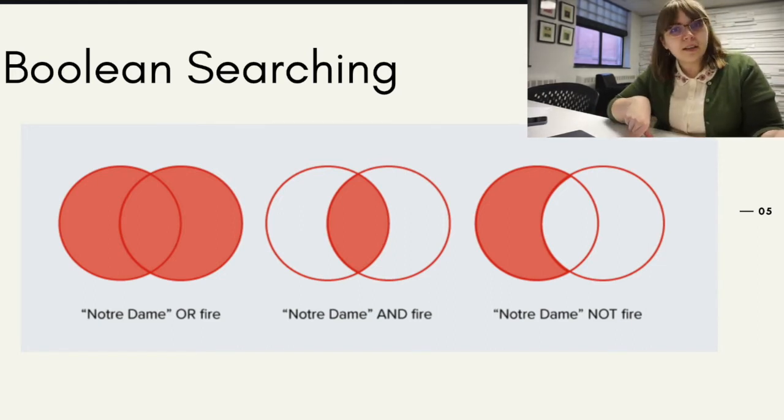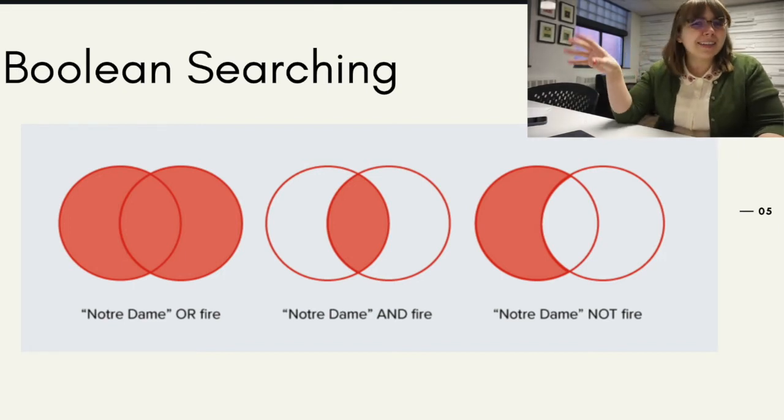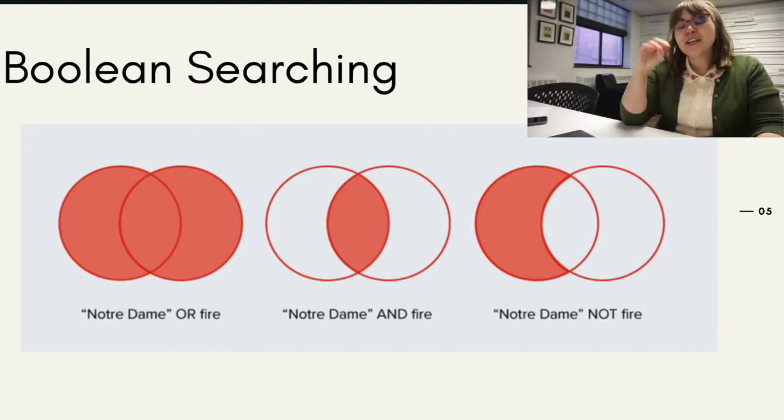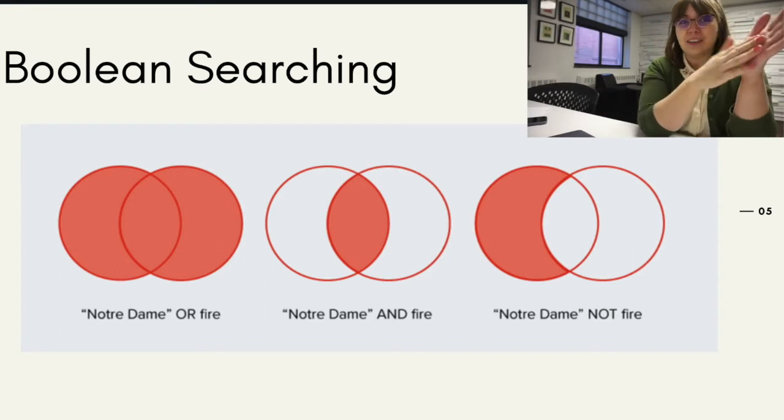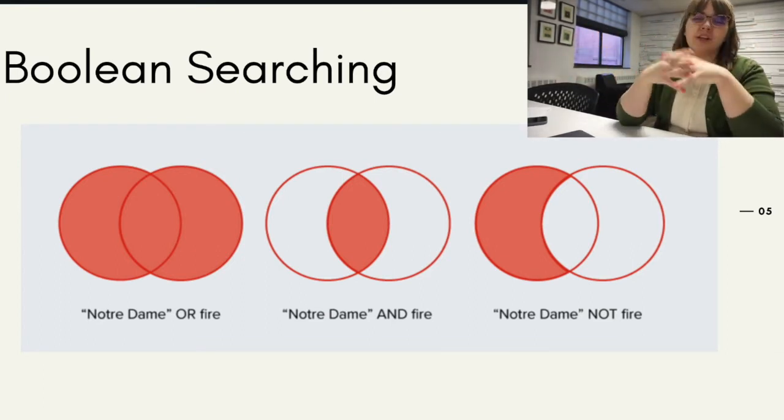You'll do a search for physical education and you'll be getting all these results from how it's taught in England, how it's taught in Canada, but you don't care about that. You only care about the United States. So adding that and in, you'll only get results that include the phrase physical education and the phrase United States, and then that will narrow your results down.